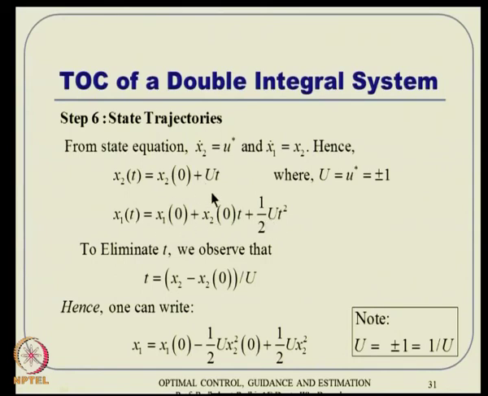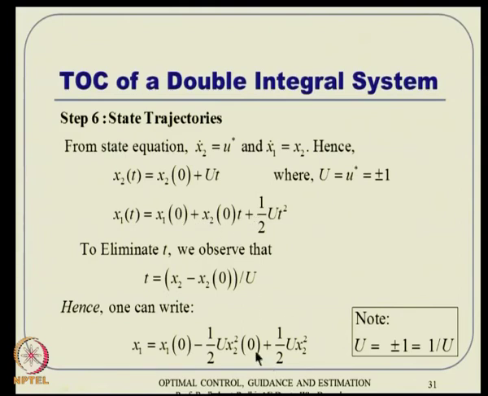Here is a possibility of eliminating this time variable. We can do that by solving this expression for time. It is nothing but x2 minus x2 0 divided by u, and hence we can write x1 by substituting the time variable.